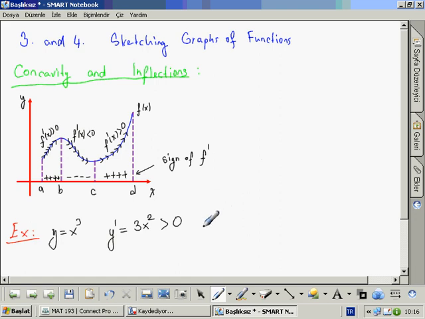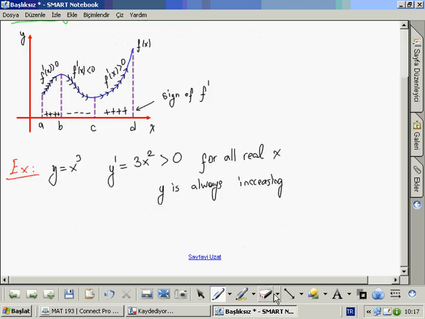So for all real x, we can say y is always increasing on the domain of the f function.